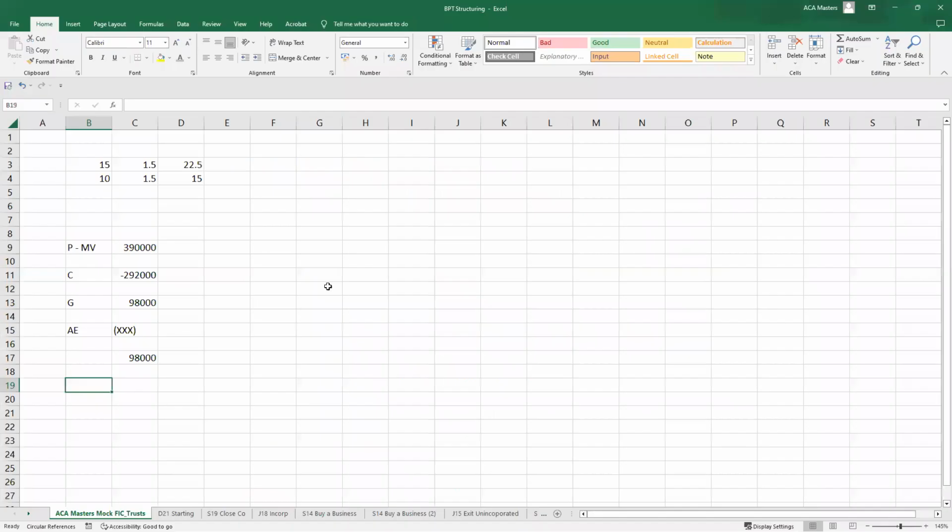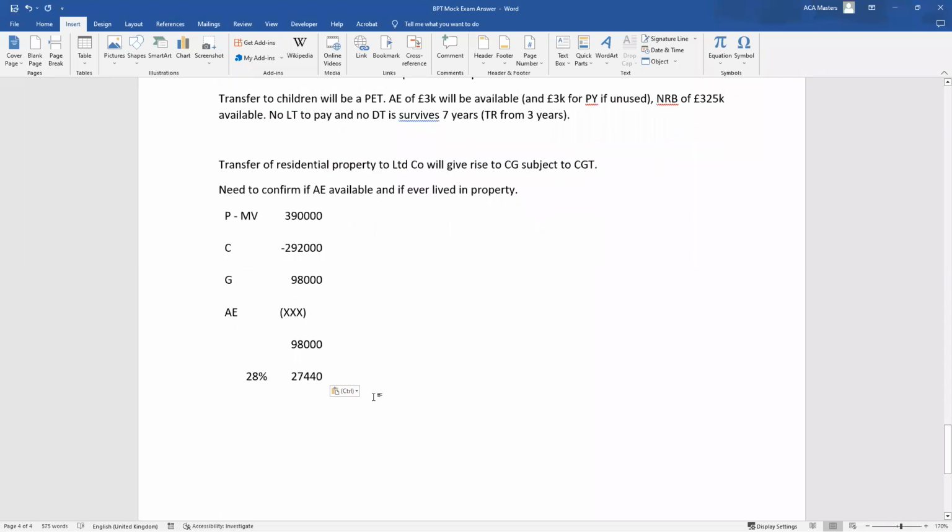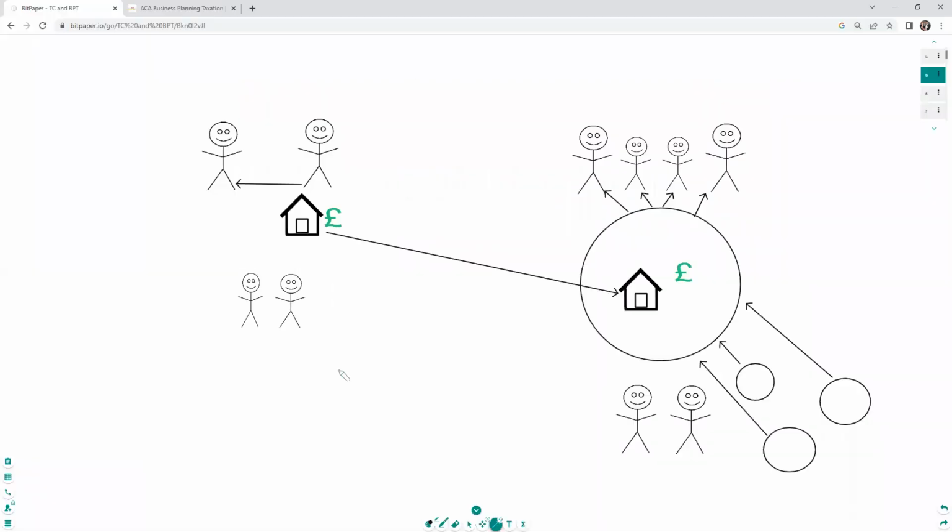So we're looking at 28% CGT on that, once we've obviously deducted the annual exemption relevant for your exam. And then we would have the CGT that would be payable on that. So then you can copy that over into the word processing area. So that's going to give rise to a capital gain as she transfers that property into the company.